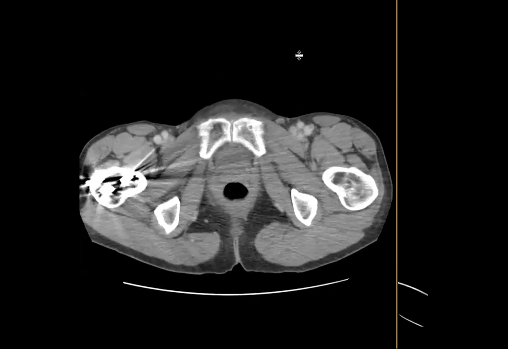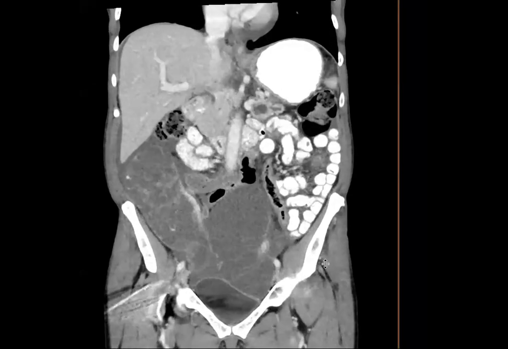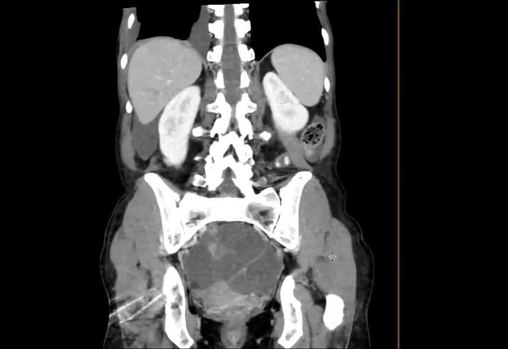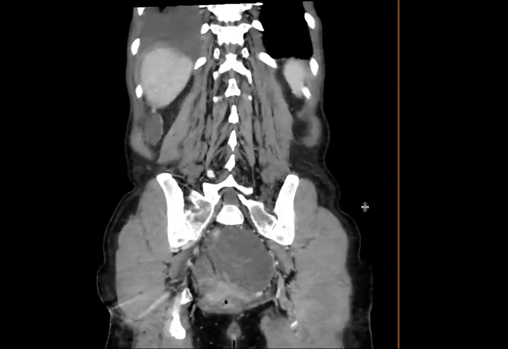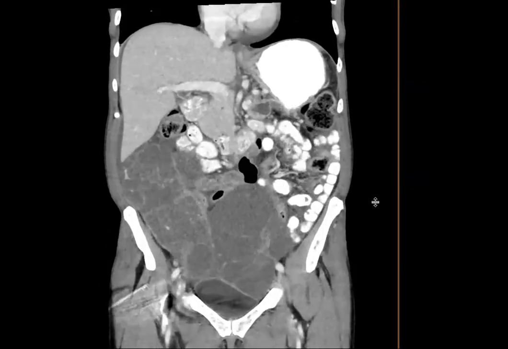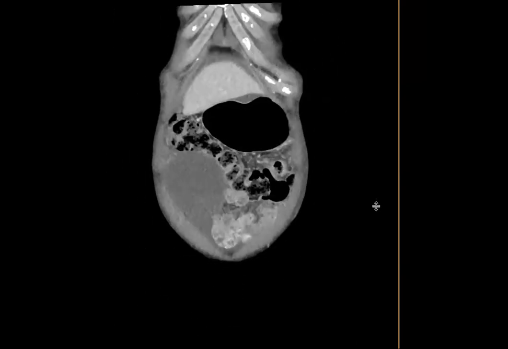So these are axials, and I'm going to run through the coronals as well. Again, not an eye test, but think about what these might be, where might the primary be. All right, go for it.